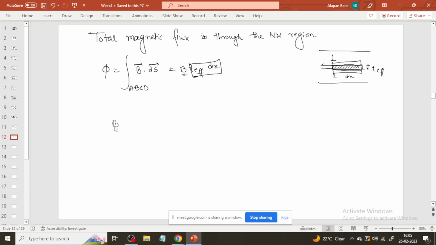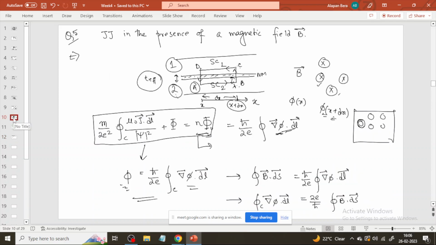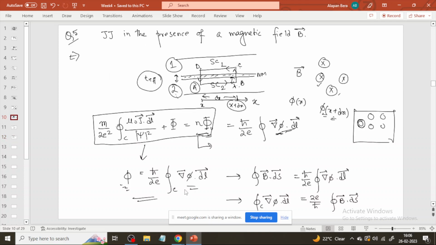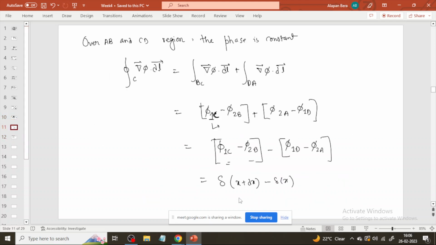So B t effective dx is equal to h cut by 2e times delta of x plus dx minus delta of x, because we derived this term is given by this, so we have put that in this equation.